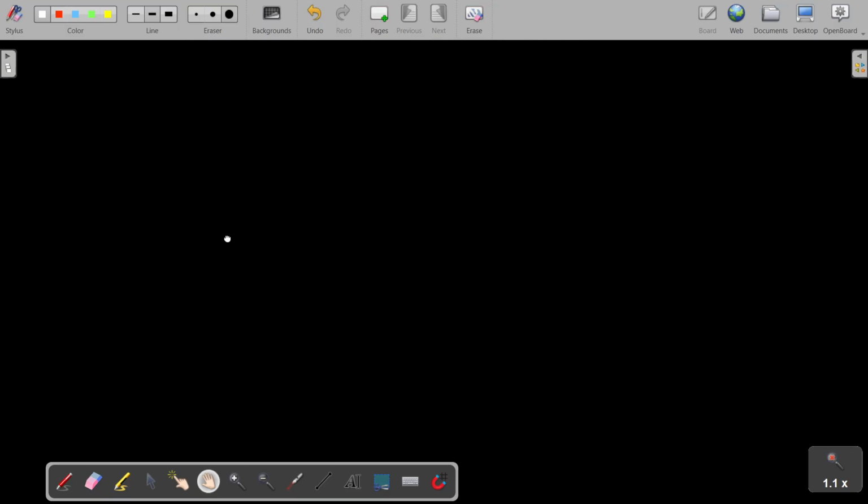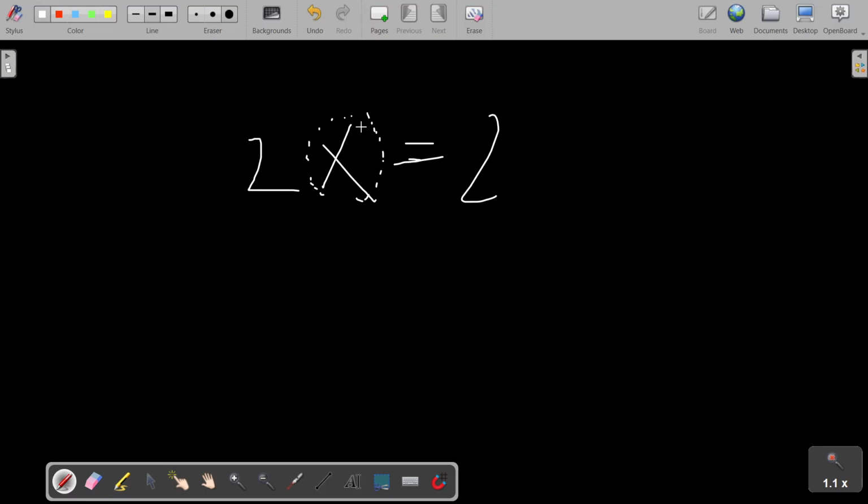Like that, if I take 2x is equal to 2, to solve this equation, when this equality becomes true, let's put x is equal to 1.